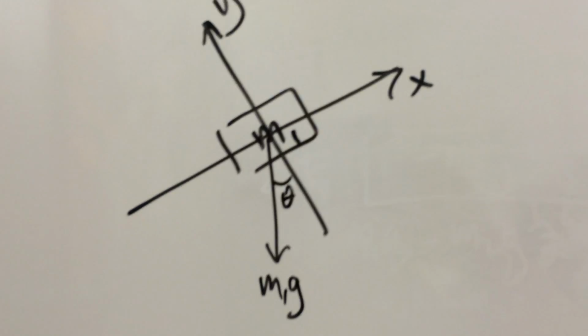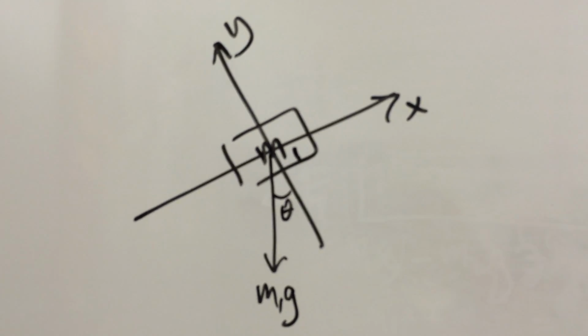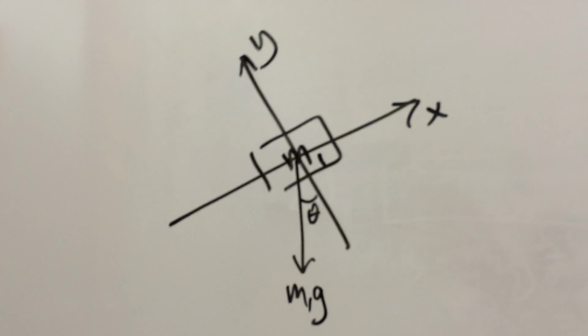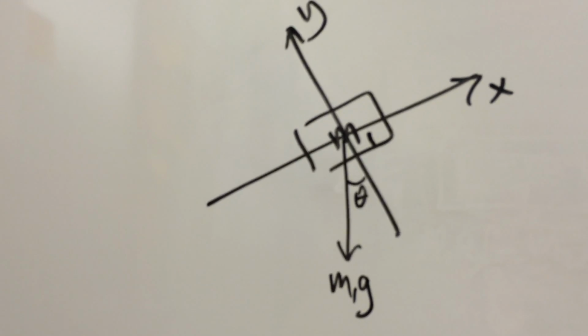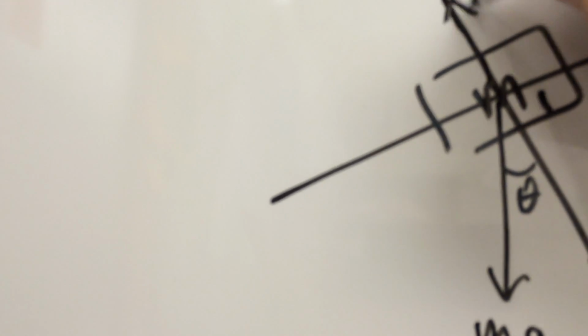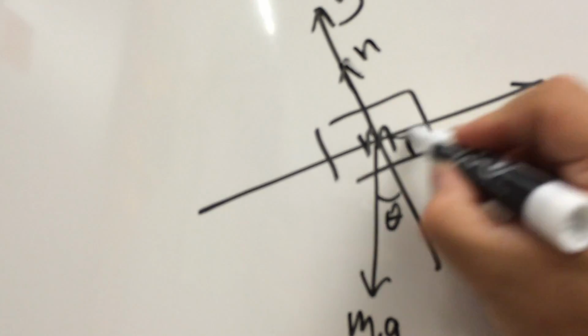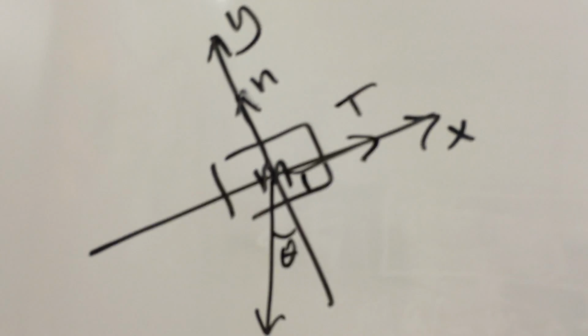If you don't remember how to get theta there, you'll have to go back to the previous video and take a look. Now, from here, we have some other forces involved in here. We have the normal force going this way, and we have the tension on M1 going this way, all right?